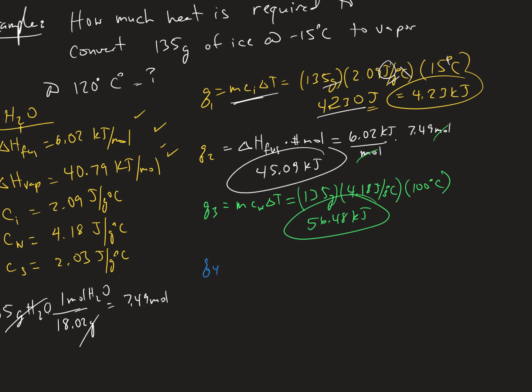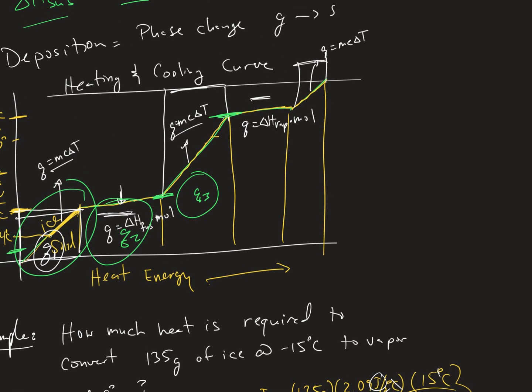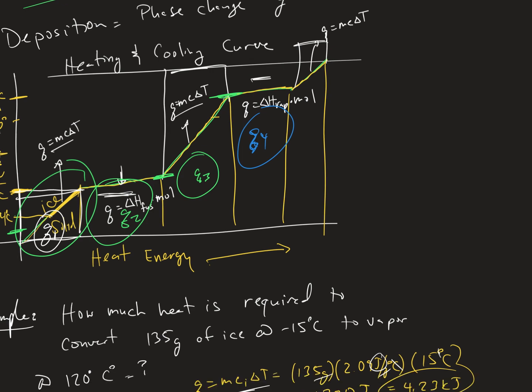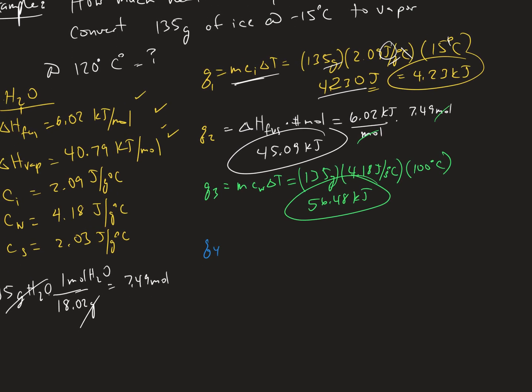And then Q4 is going to be turning our liquid water into gas, heat of vaporization, which is heat of vaporization times the number of moles. And that's equal to 40.79 kilojoules per mole times 7.49 moles.